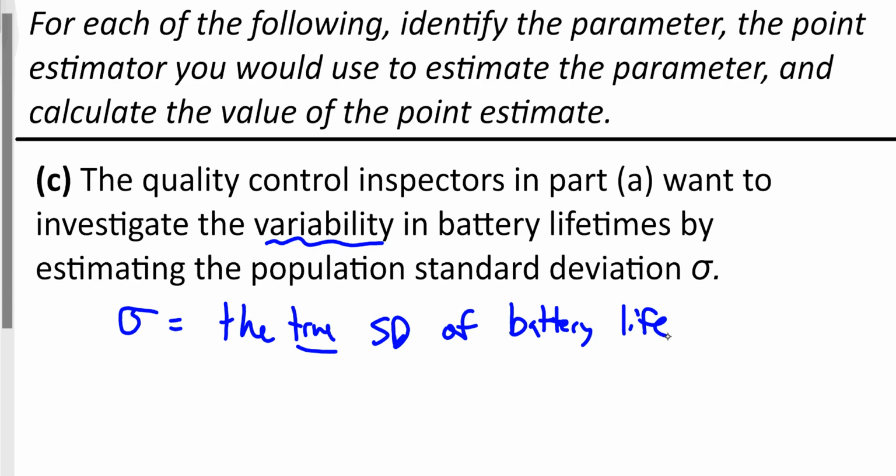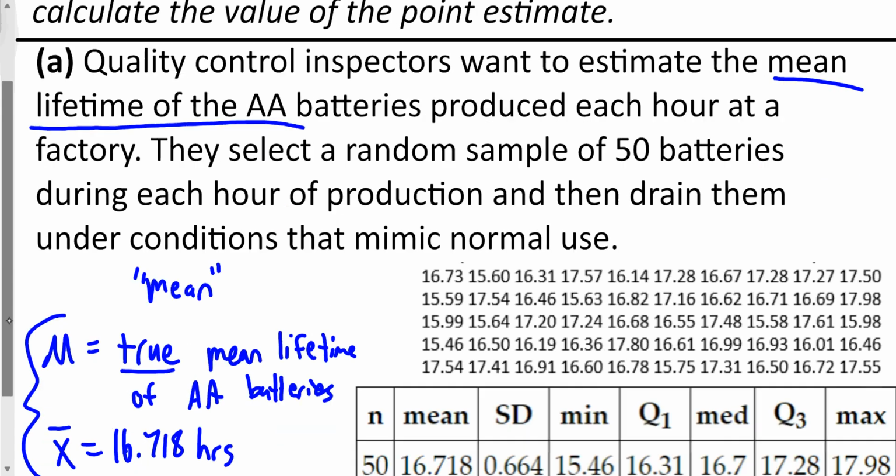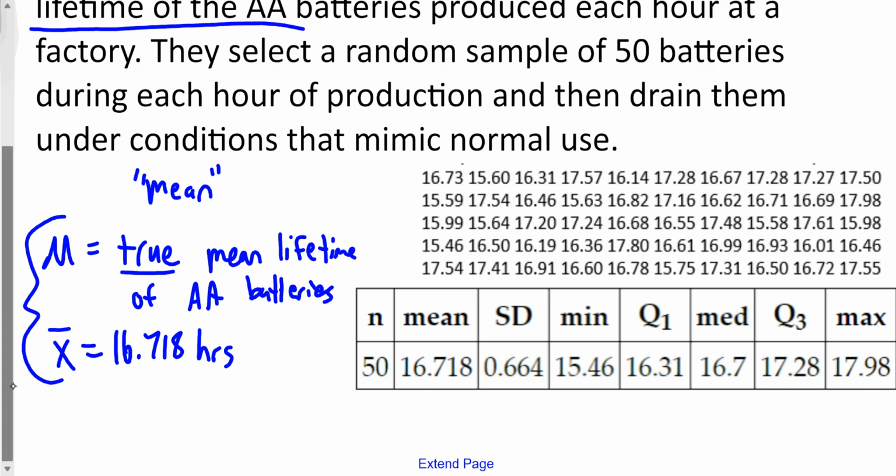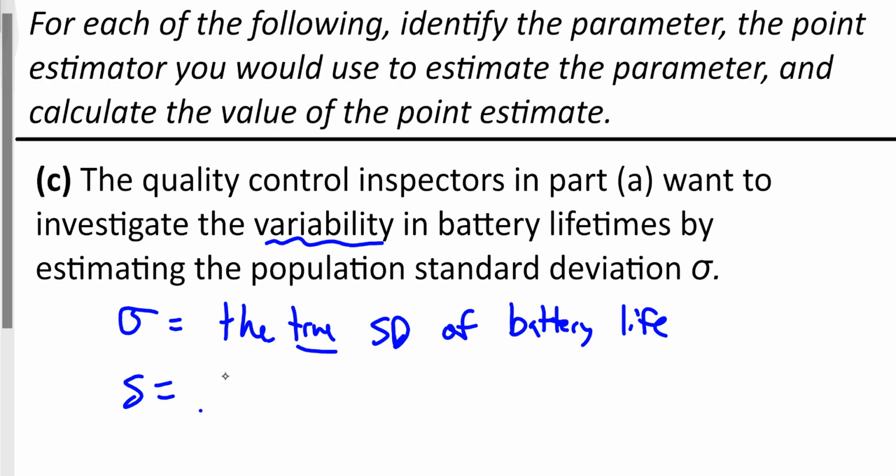And then s is what we're going to use from our sample, and actually we have to go back to this. It said the standard deviation from our sample was 0.664. That's our sample statistic.